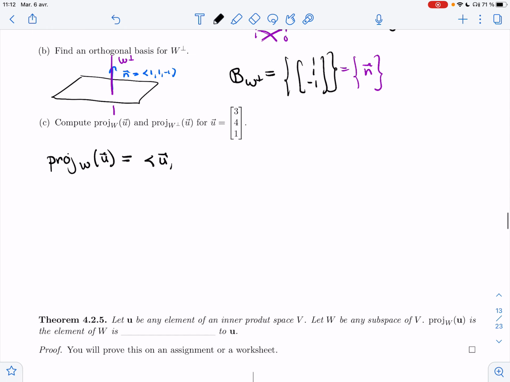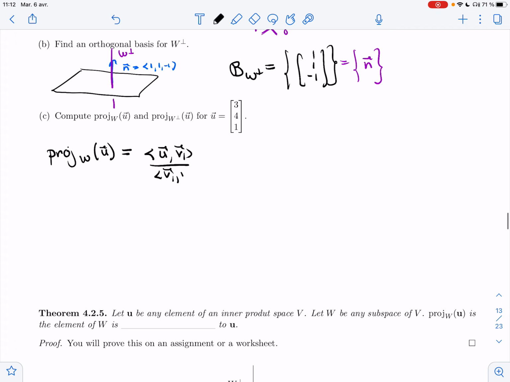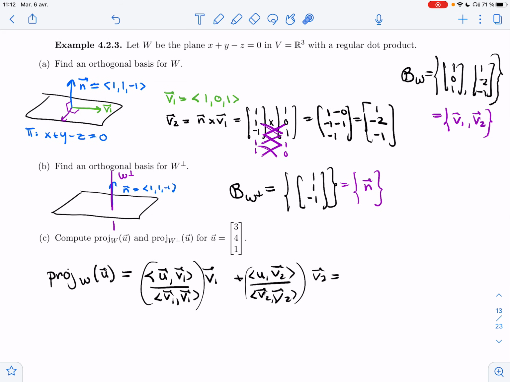So u dot v1 over v1 dot v1, times v1, and then u dot v2 over v2 dot v2, times v2.